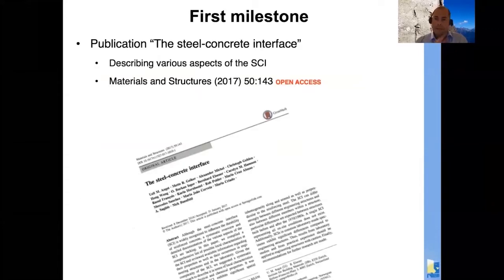The first milestone that we achieved was a paper published in Materials and Structures 2 years after the TC started. So in 2017, this paper was published, entitled The Steel-Concrete Interface, which describes the many different features that one can find at the steel-concrete interface.